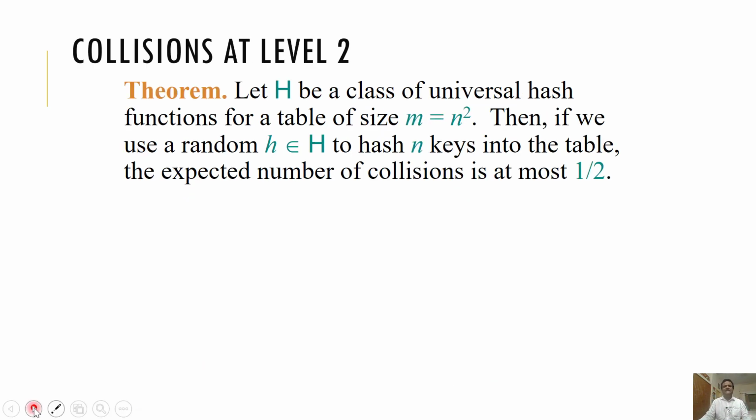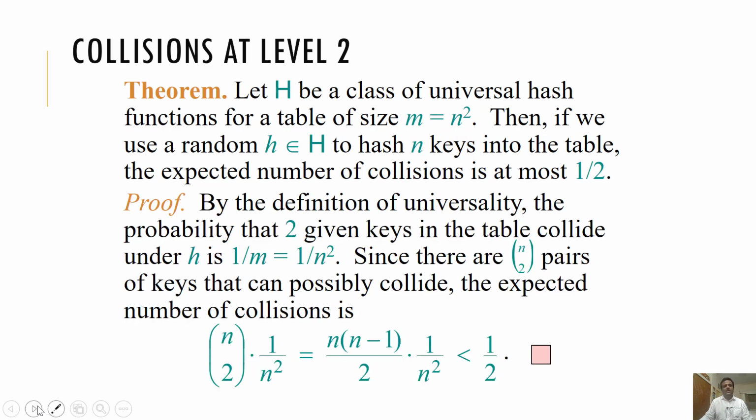Let us quickly analyze that. Because we are taking n_i squared in the second level, for n_i keys there will be no collision. We can prove this by a theorem. This theorem says that if there are n keys, the expected number of collisions is less than half.